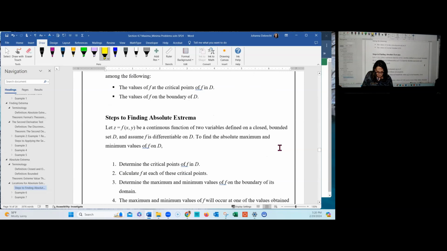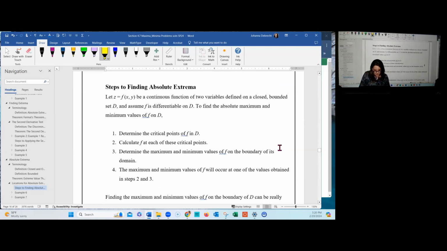Here are the steps to finding absolute extrema. Suppose that you have a function of 2 independent variables and the function is continuous on a closed bounded region D, and assume that the function is differentiable. We need differentiability in order to find the critical points.